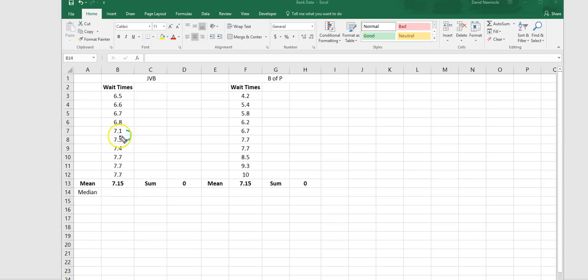The score right in the middle of those is going to be our median, and that's going to be 7.2 in this case. Let's also note the mode here is 7.7 for the Jefferson Valley Bank.